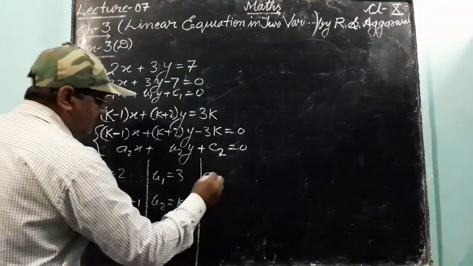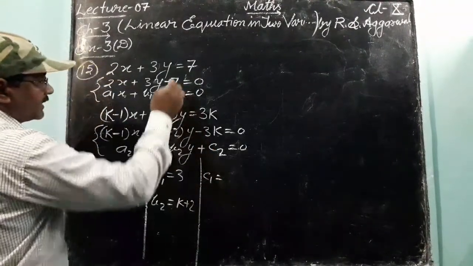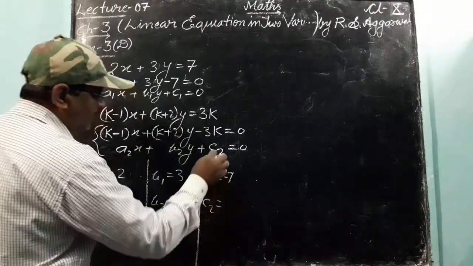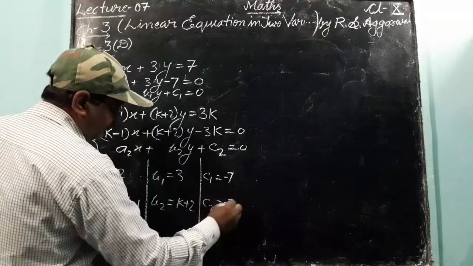Now c1 is equal to minus 7 and c2 is equal to minus 3k.